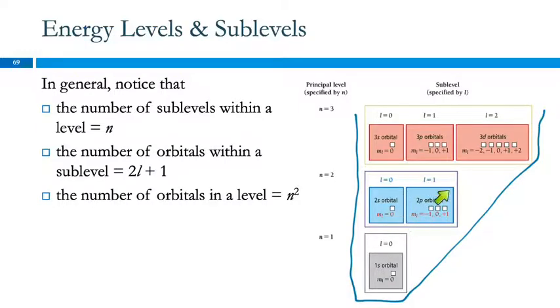So we've got orbitals are the beds, the sublevels are the rooms, and the levels are the floors in the hotel. You see that there's like an actual pattern here that really is not stranger than everyday life kind of patterns that we know about. It's just that we can't see this structure of orbitals.